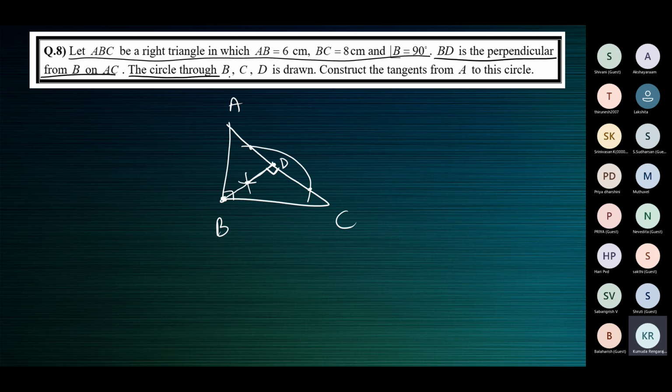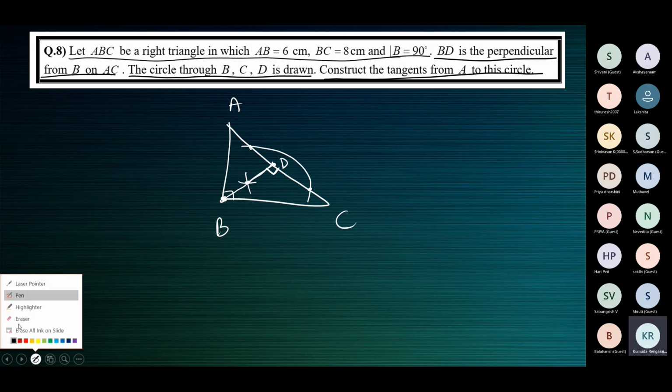Next is to draw the circle passing through B, C, and D, and finally constructing tangents from A to the circle. So we have to execute 4 instructions. We've already done 2: we constructed the triangle, then we drew BD perpendicular to AC from B. Now we are going to execute the third one, drawing a circle passing through B, C, and D. Again, the same idea is used.